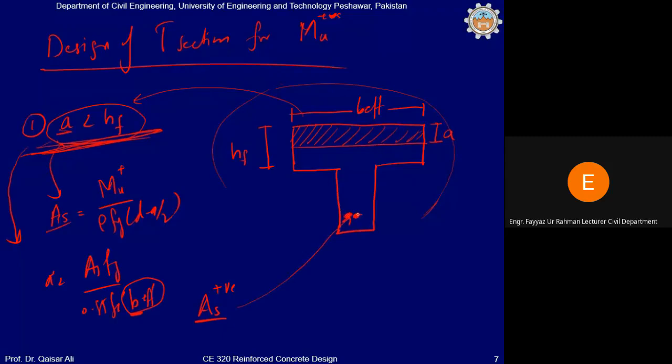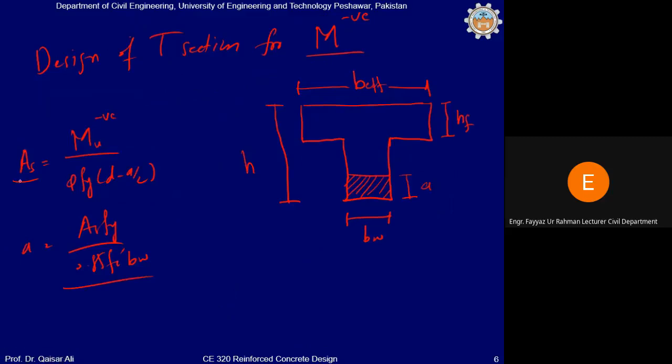So this positive reinforcement will be provided in the bottom section of the beam, and it will be enclosed by the stirrups like this. Clear?